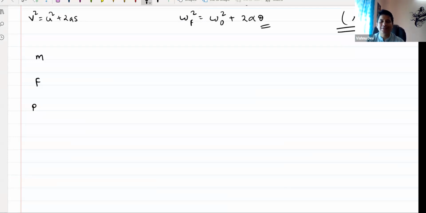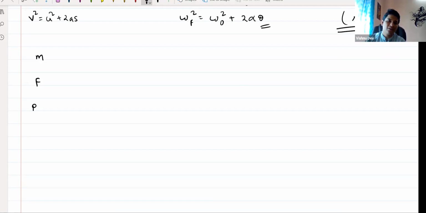So don't you think, sir, something like this should exist in rotation also? Think about it. If you have two objects, one object is easier to rotate and the second object is not easy to rotate, there must be some parameter which defines or can be used to explain this.